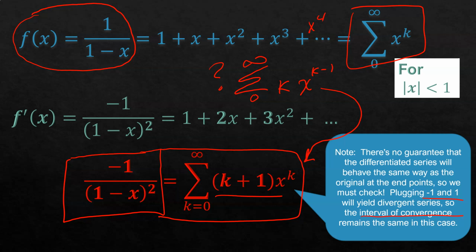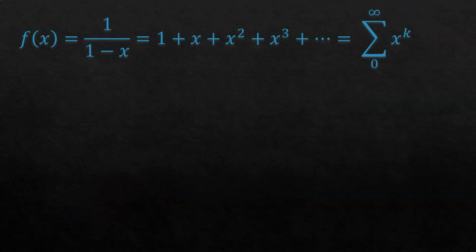I like to write this part out, and it would start at 1 if I am writing k times x to the k minus 1. So when you differentiate directly from the series representation, you need to make sure that the index works out. I like to look at the polynomial the long way, take the derivative, and then write down what I see. That just makes more sense in my head, but it's up to you.